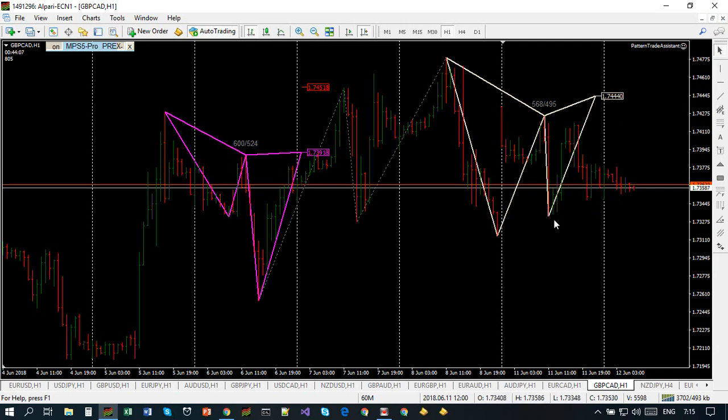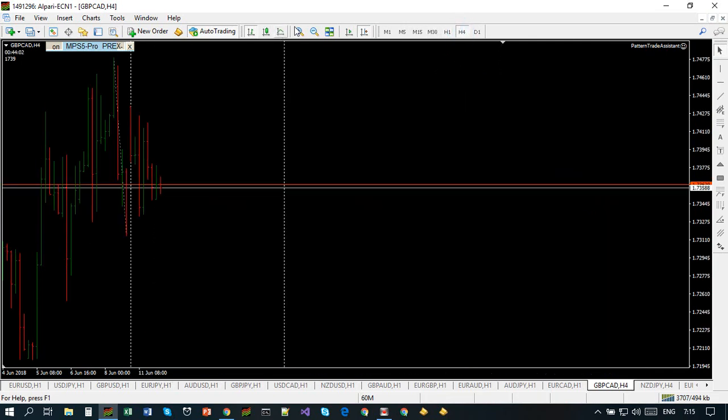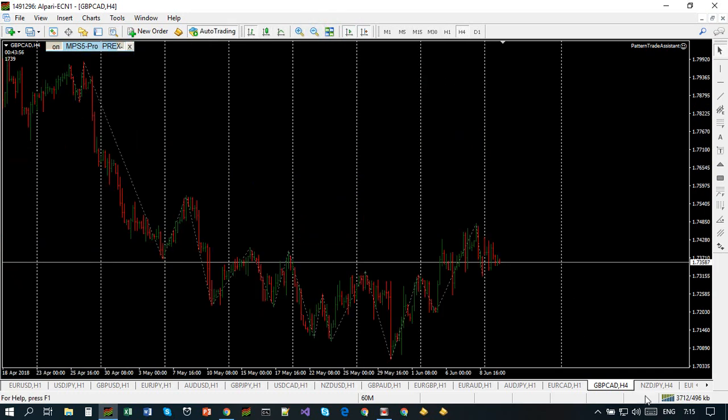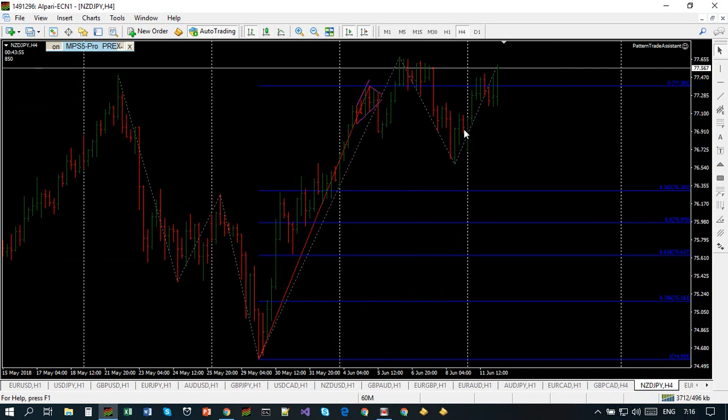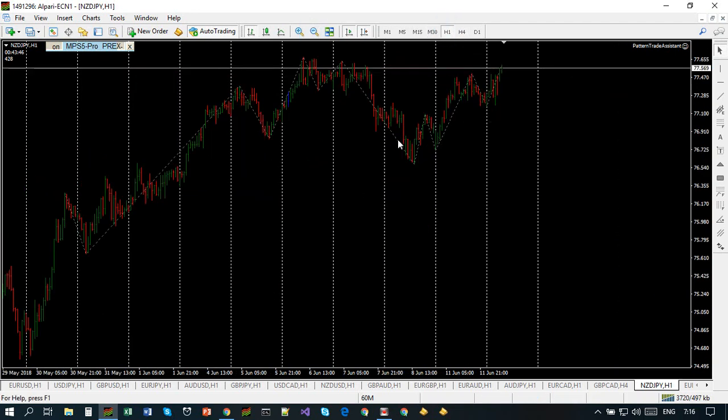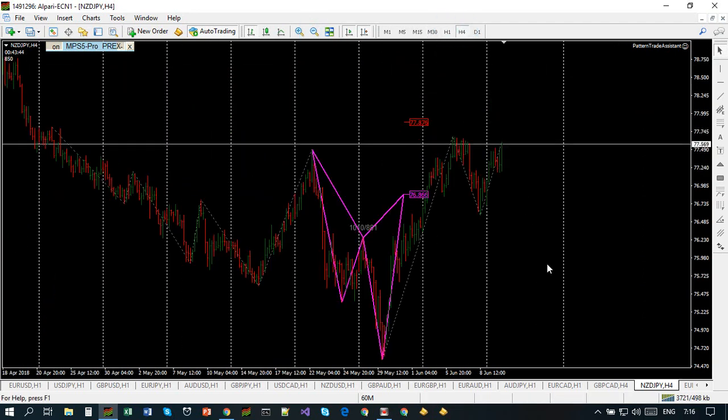The algorithm still thinks the movement is straight. And based on 4 hour, what do we have? Based on 4 hour we have nothing. Okay, New Zealand yen 4 hour, nothing is here, and 1 hour, nothing is here as well.